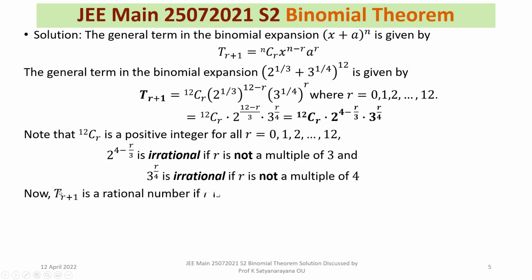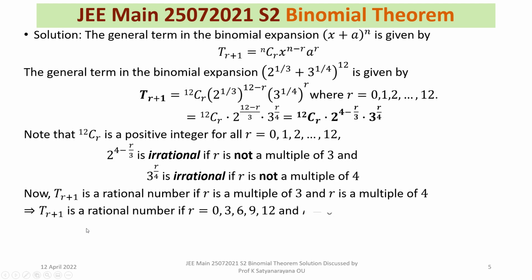So now term r+1 will give you a rational number if r is a multiple of 3 and r is a multiple of 4. That is, r is equal to 0, 3, 6, 9, 12. These are the multiples of 3. r is equal to 0, 4, 8, 12. These are the multiples of 4.